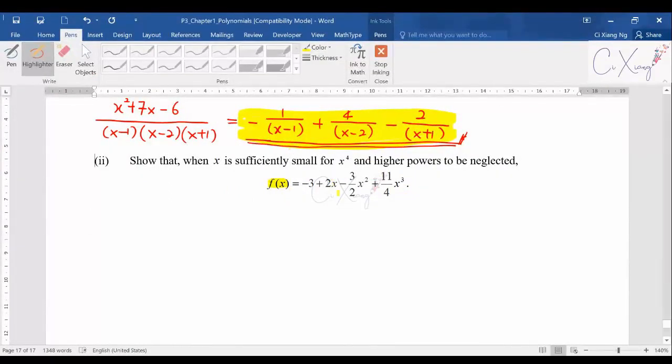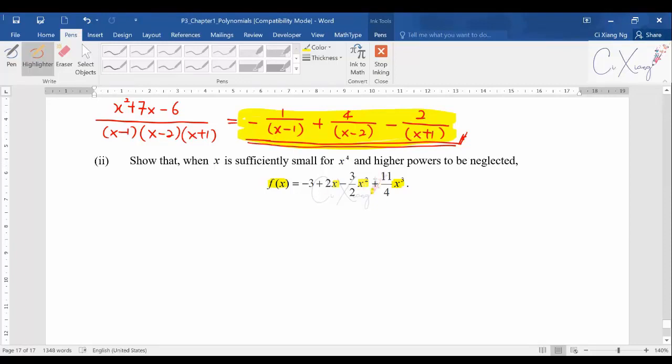Because when you have a binomial expansion, you have an expression in ascending power of x. So if you look at f(x) here, it will become x power 0, x power 1, x power 2, x power 3. When you expand the f(x) function, you have this.